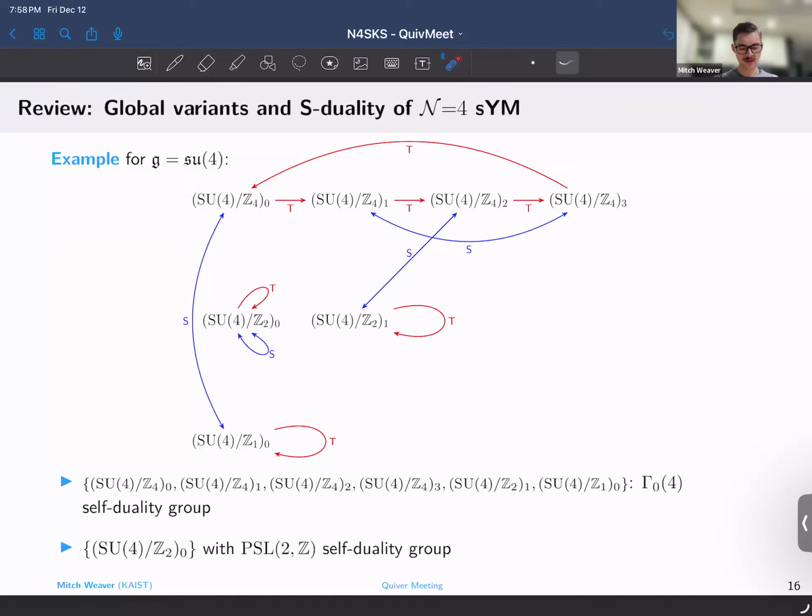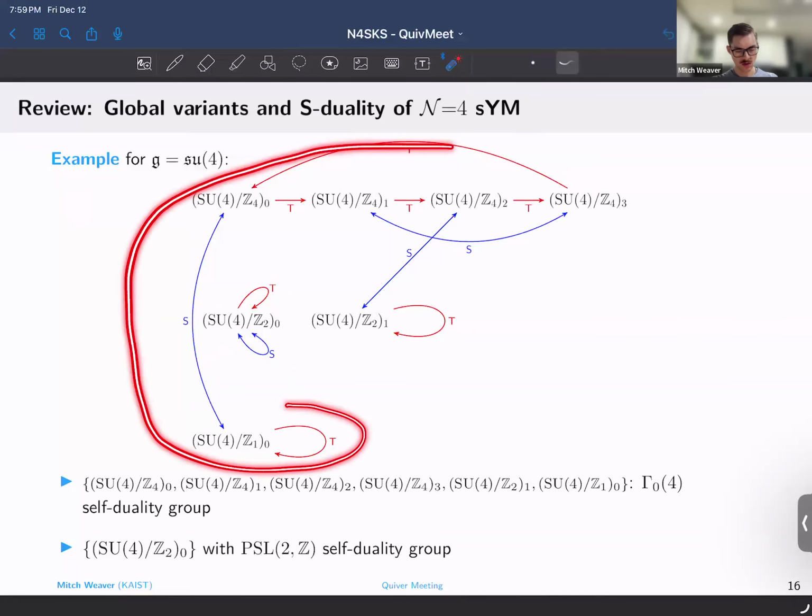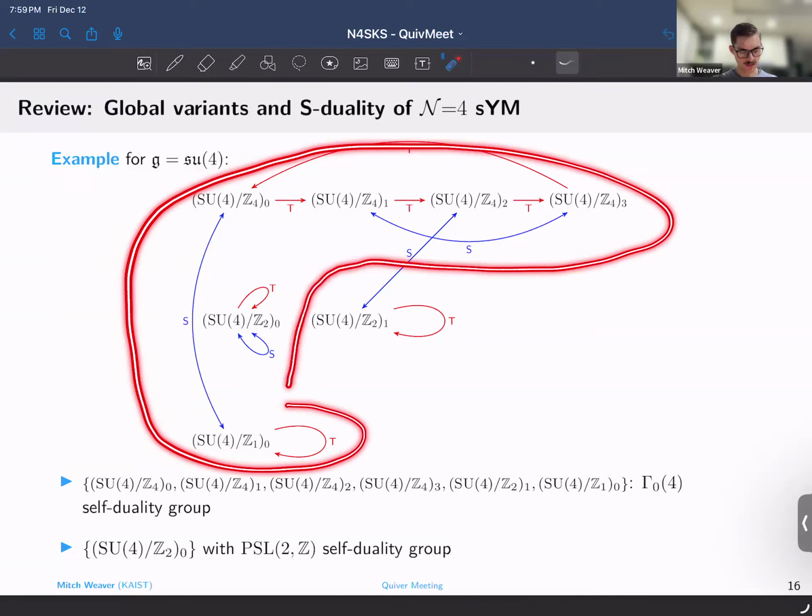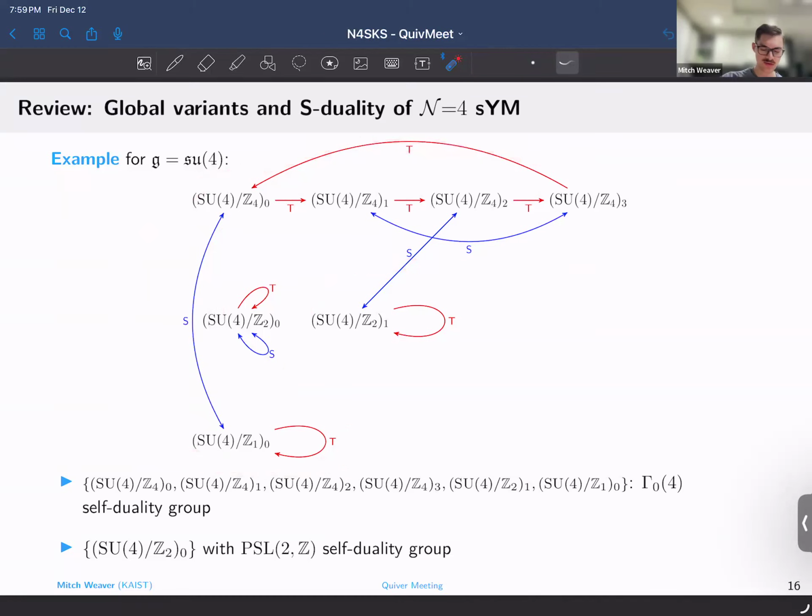The result is that we have two orbits. This one here forms a single orbit by itself, and the other six global forms form the other orbit. The self-duality group of the six-element orbit is Gamma_0(4), which is index 6 with respect to PSL(2,Z), and the other one has a single global form, and its self-duality group is just the full PSL(2,Z).